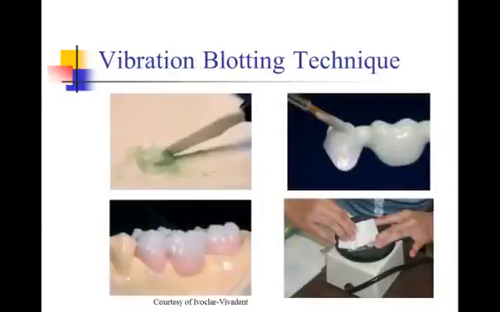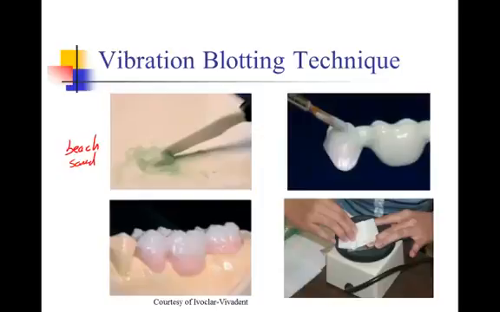Okay, so first let's look at an illustration of what vibration blotting entails. That is where you would take a slurry. In the case of vibration blotting, the slurry is a very thick, fairly dry slurry. It has a consistency that is sometimes referred to as a beach sand consistency.